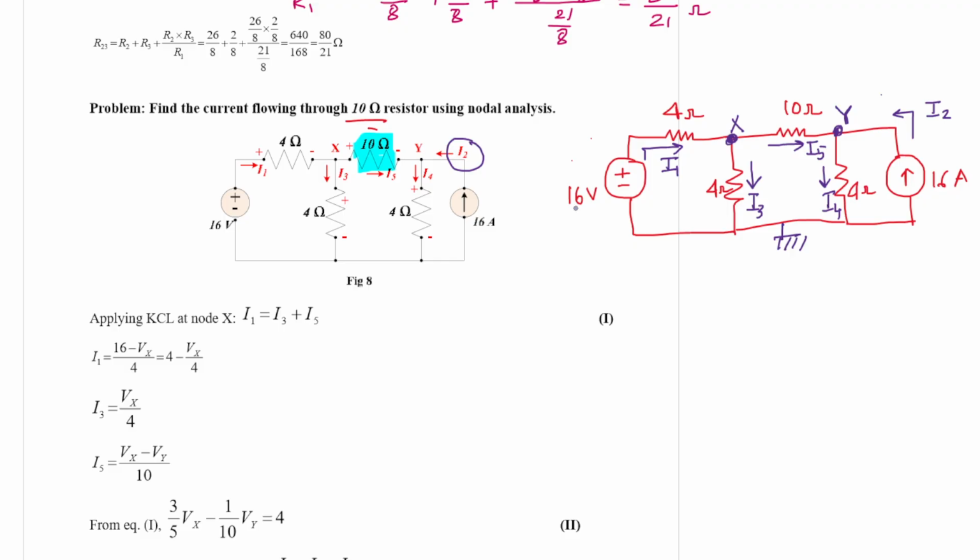So what is KCL at node X? If you look carefully, at node X we have one current entering, I1, and two currents leaving, I5 and I3.